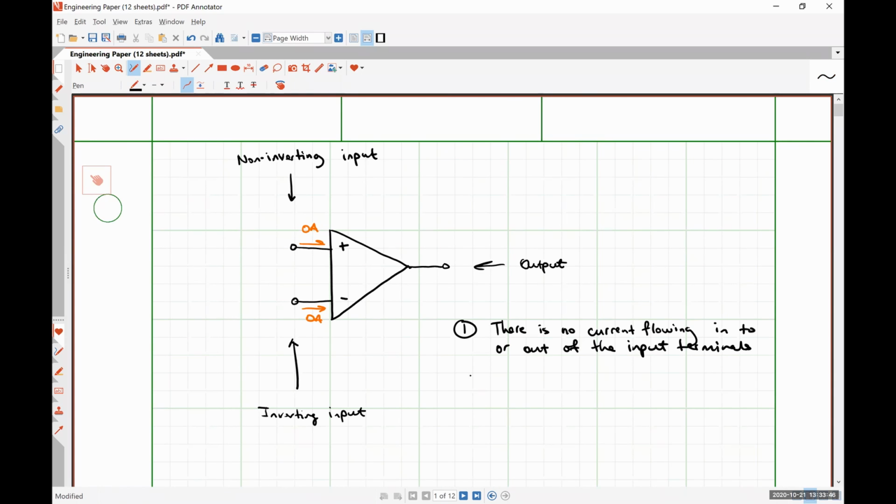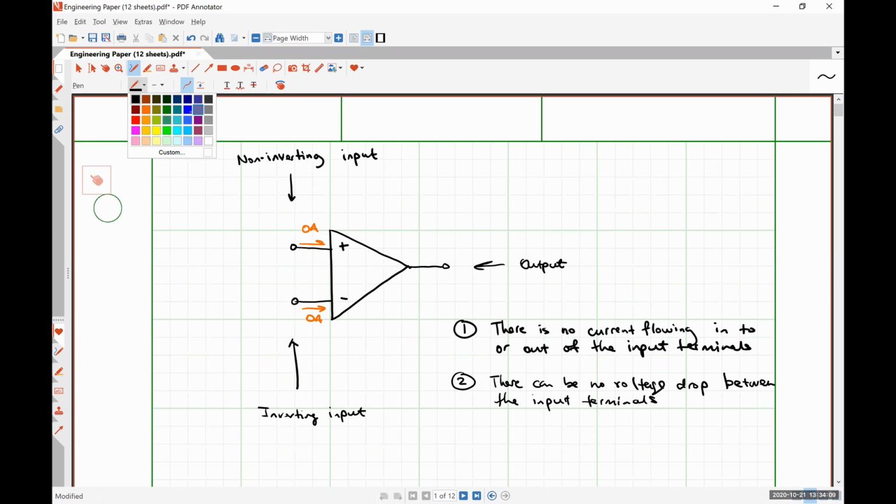Our second rule says that there can be no voltage drop between the input terminals. So that means that this voltage by definition is 0.